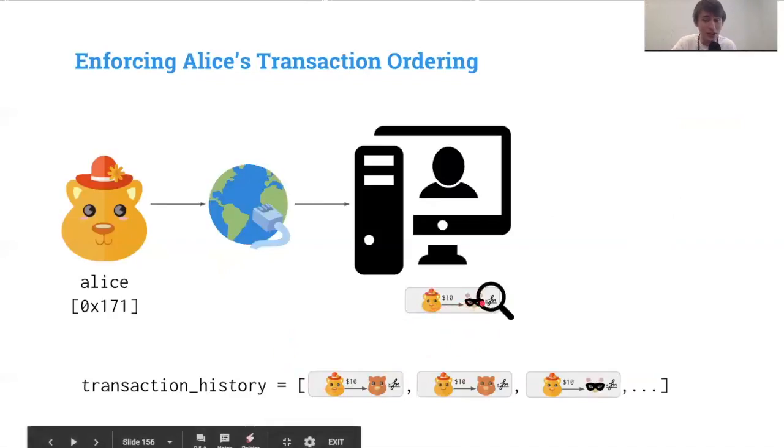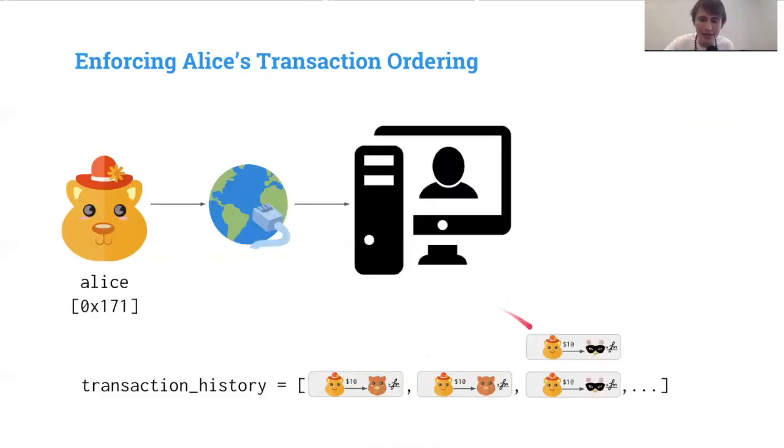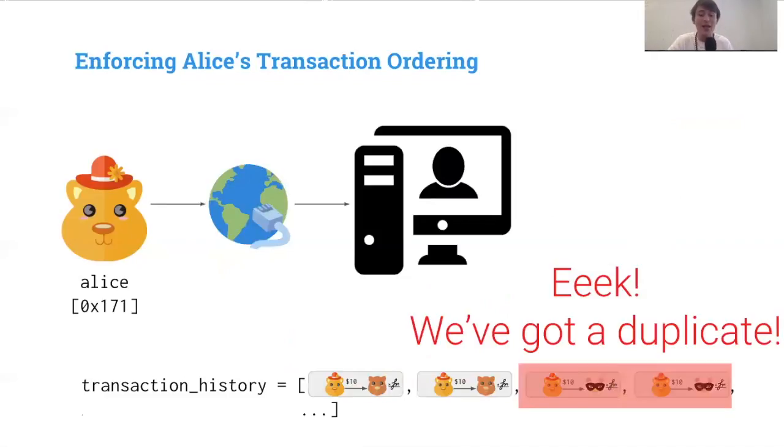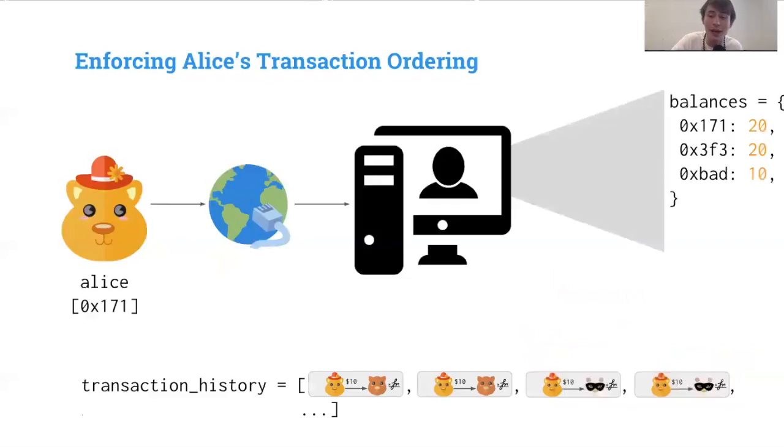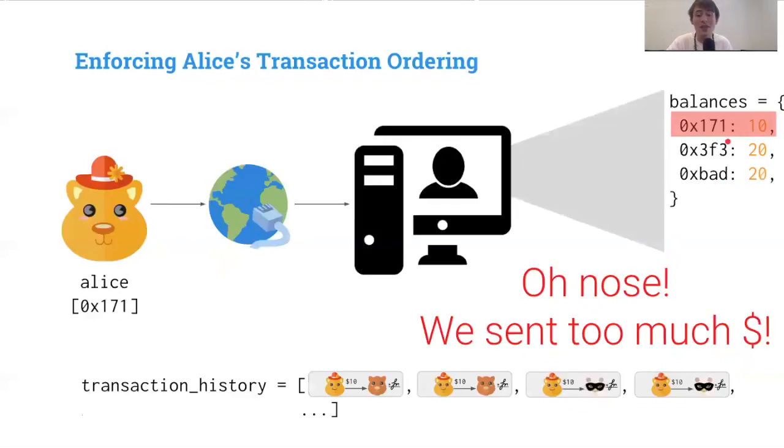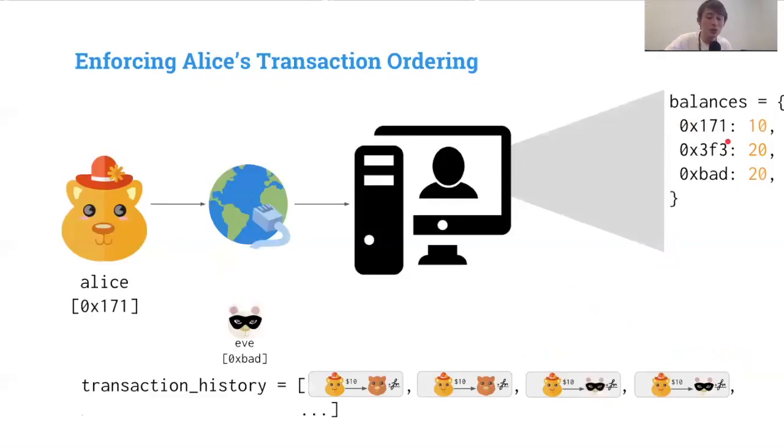We're going to check the signature, and we're going to see, wait a second, include it immediately. There's nothing protecting us from including this transaction once again. That means that we've got a duplicate transaction in our history and there's nothing we're doing about it, which also means that we are going to update the balance and send twice the amount of money. We just sent to Eve 2 times. That is too much money, 2 times the amount.